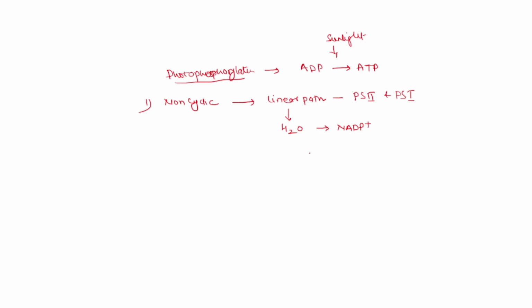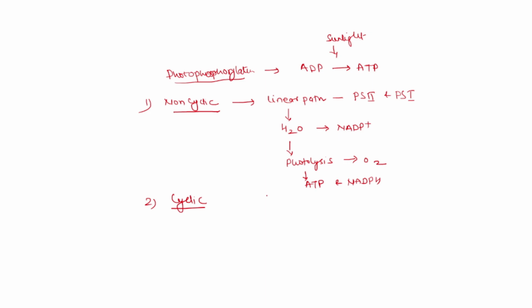This path splits the H2O molecule, that is photolysis, to release O2 and produce ATP and NADPH.